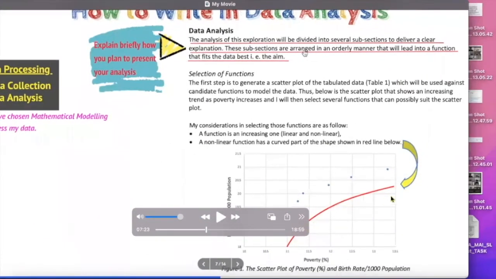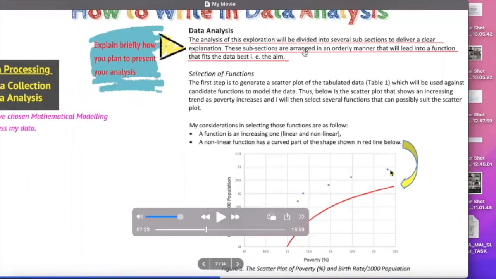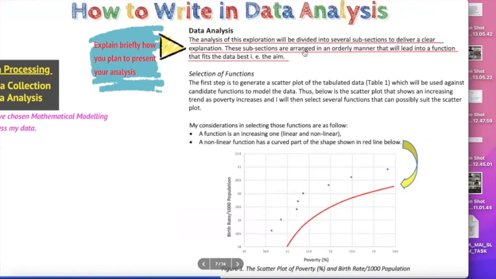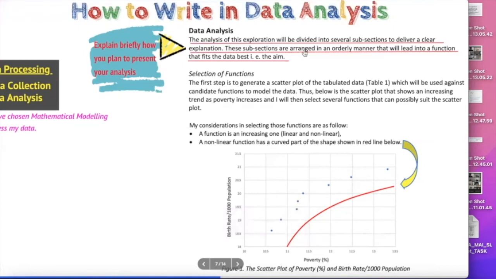Don't worry about the red lines or the red curve at the moment. After a student generates a scatter plot, the next step is the student needs to find a model or function that best fits the scatter plot. Therefore, the student needs to put what are the considerations to select some particular models or functions to be checked against the scatter plot.